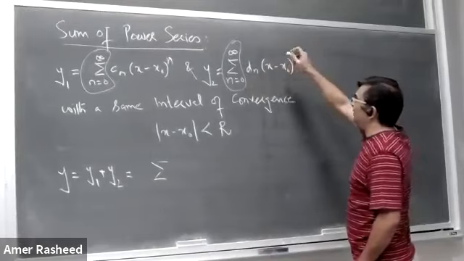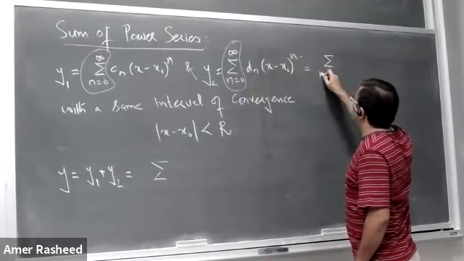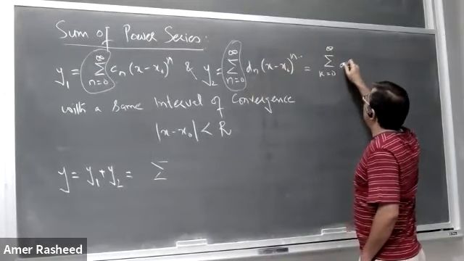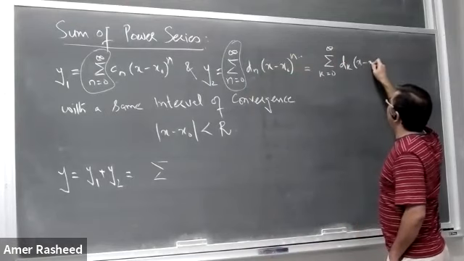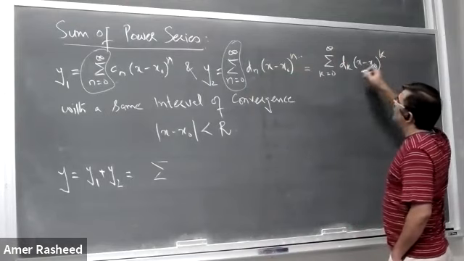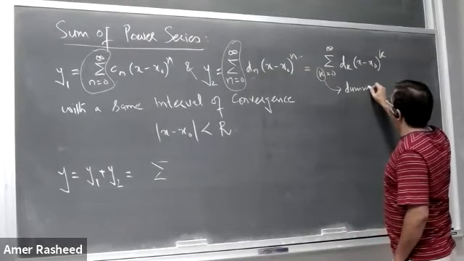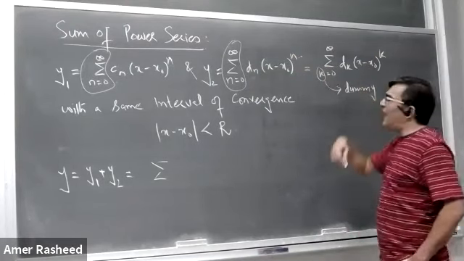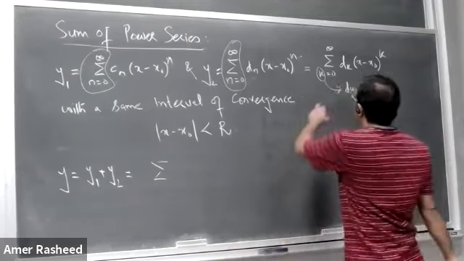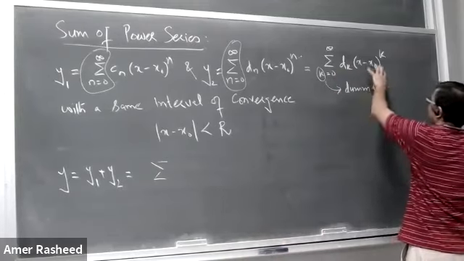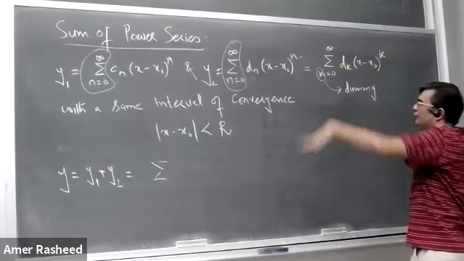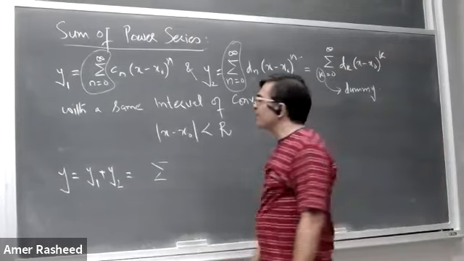For example, this can be written as sum k from 0 to infinity dk times (x minus x naught) raised to power k. So the index is in fact a dummy. You can write any index, k, p, l, anything, but the initial and final values and the powers of x should be identical.